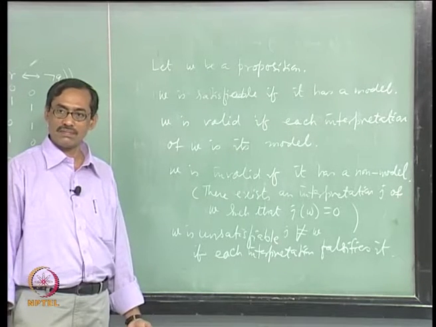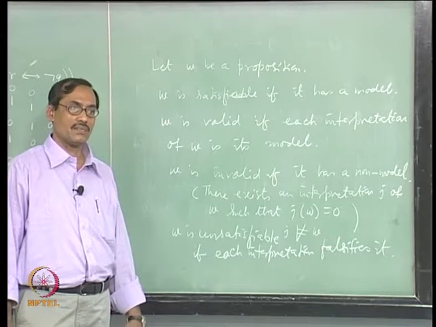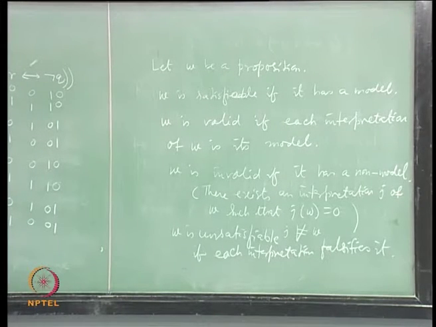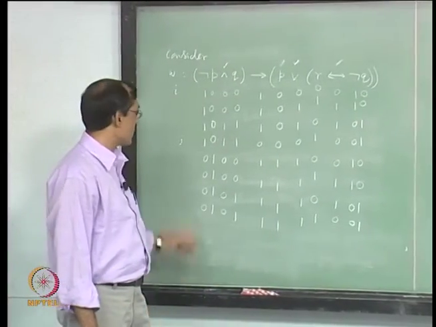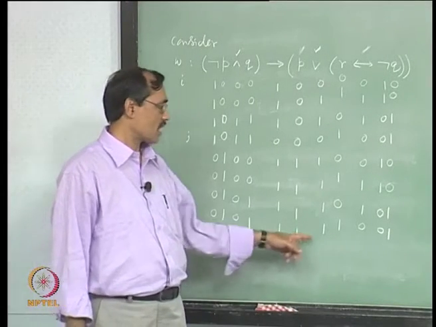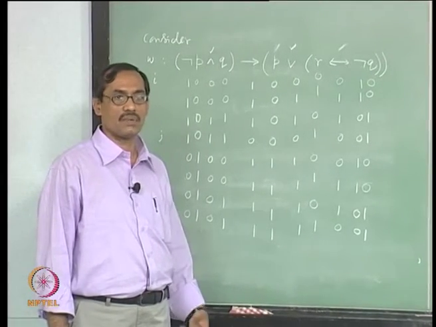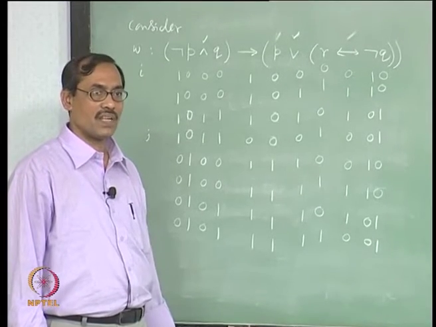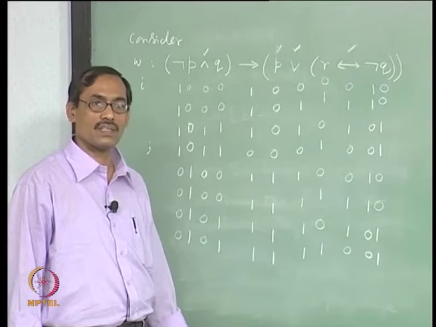For example, you take bottom, fine, but there can also be some propositions which are both satisfiable and invalid. For example, this, right, it is satisfiable because I is a model of it, it is invalid because J is a non-model of it. Okay. So, such propositions are called contingent propositions. Contingent means having some information content, right. Valid propositions and unsatisfiable propositions have no information content, though we are more interested in them.